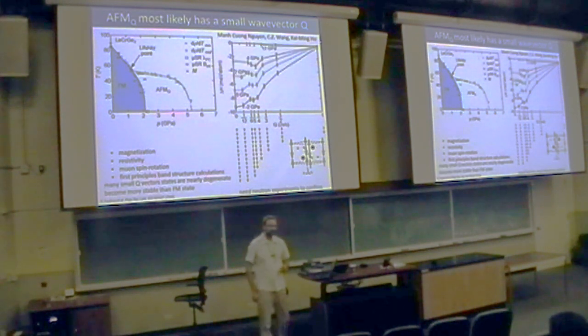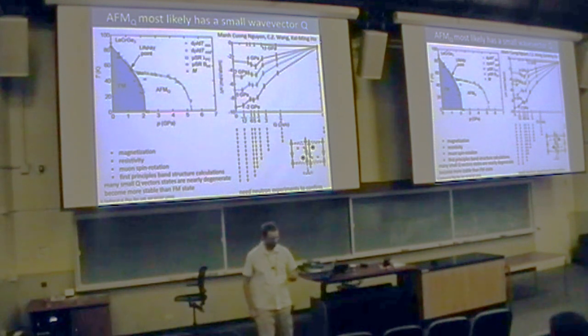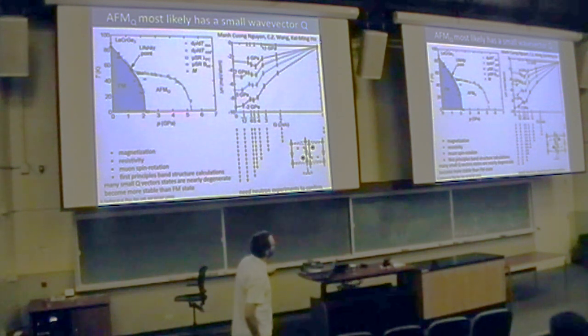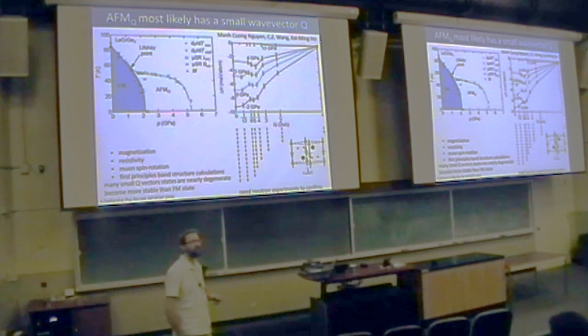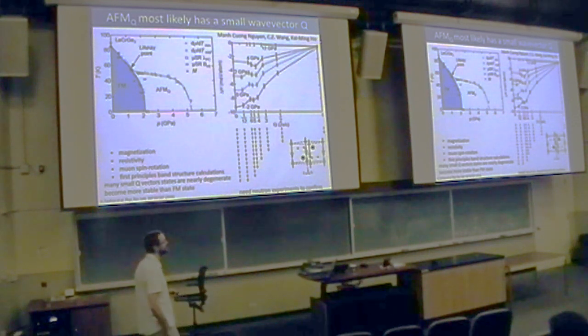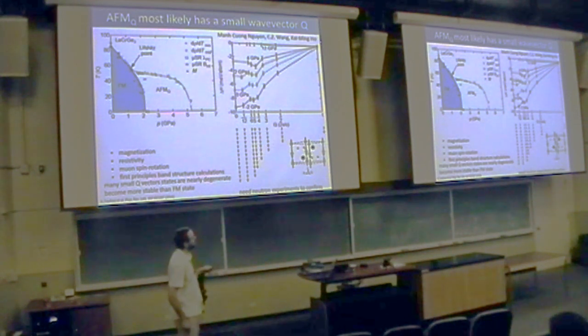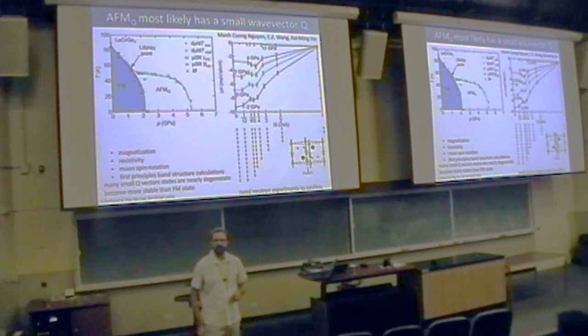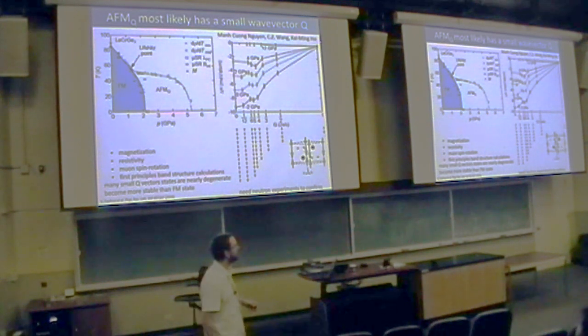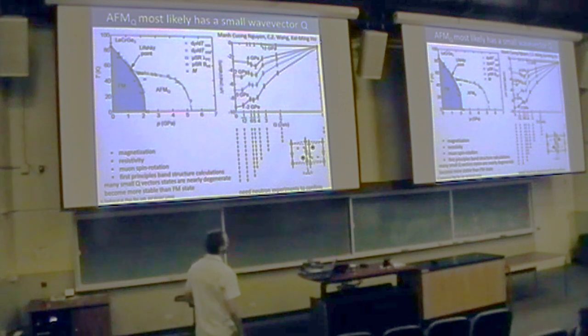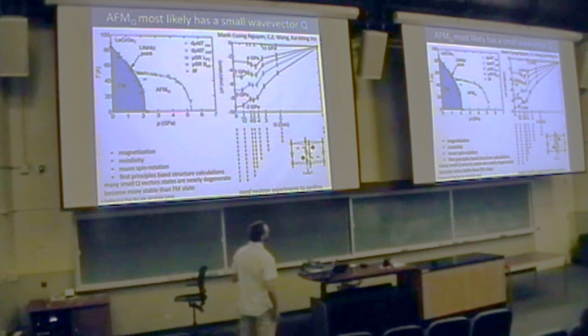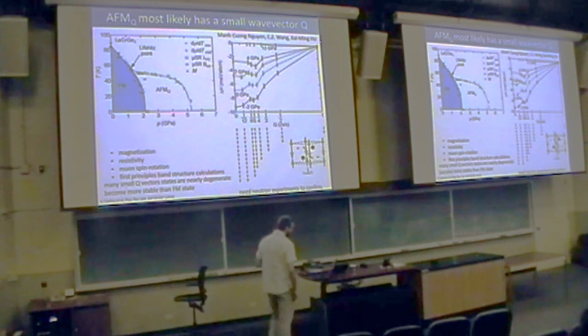But if you go into the positive pressure side, then you can see that there are many states at low wave vector Q that are nearly degenerate. And within the resolution of what we can say from this type of calculation, we can basically say that any kind of wave vector in that range is going to be at a very similar energy, or even more stable than the ferromagnetic order.